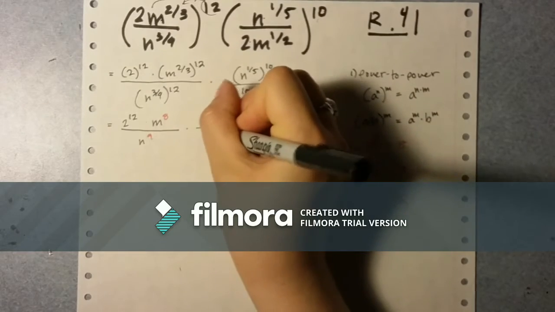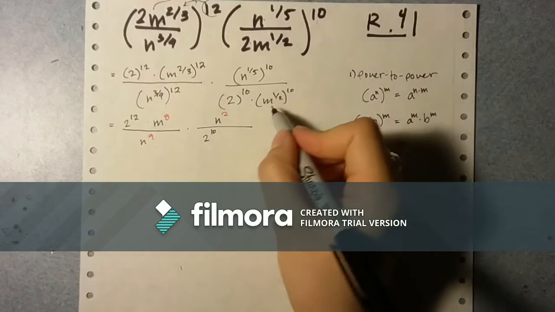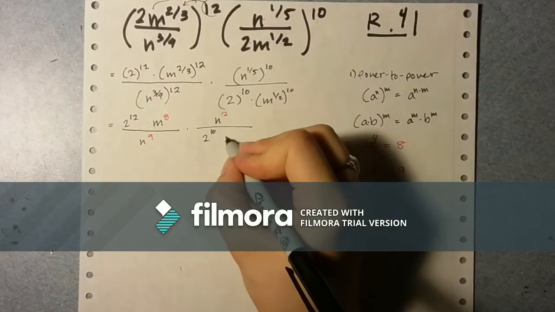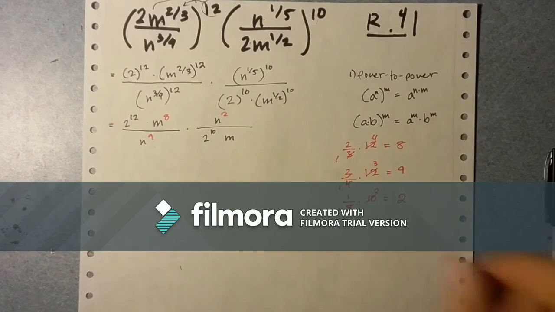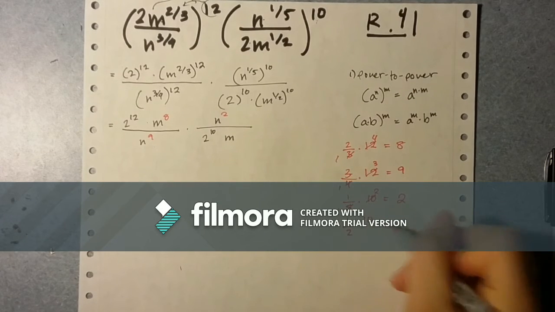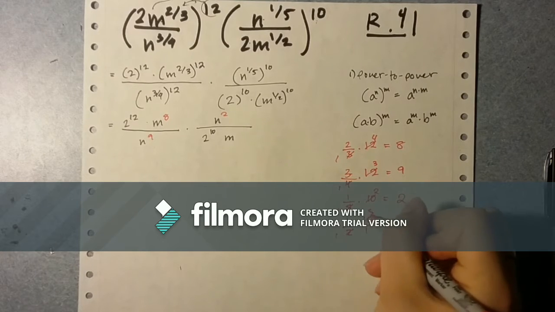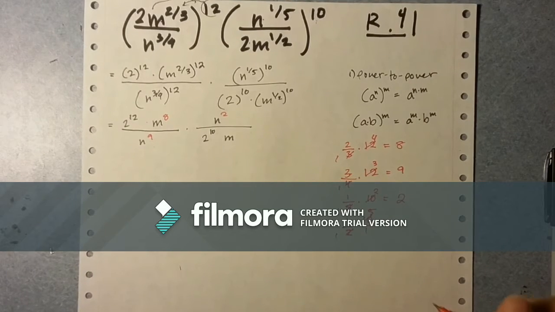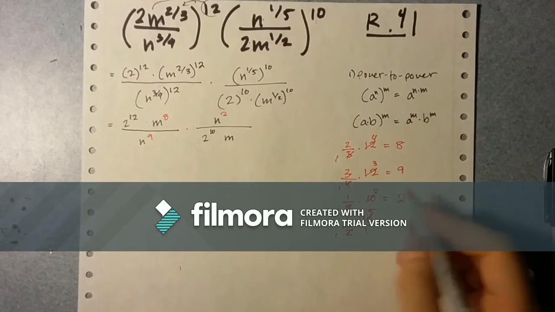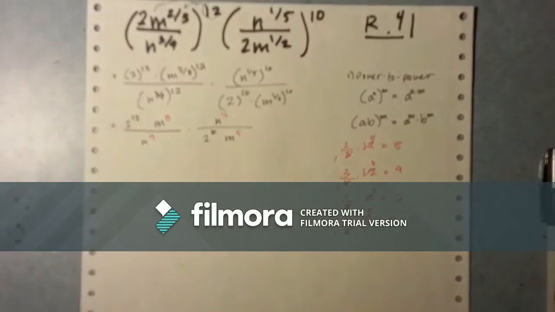And 2 to the 10th power, there's no power to power rule happening there. Now next we have this power to power, the m to the 1/2 times 10. Canceling once again, that's going to be 5. So m to the 5th power.